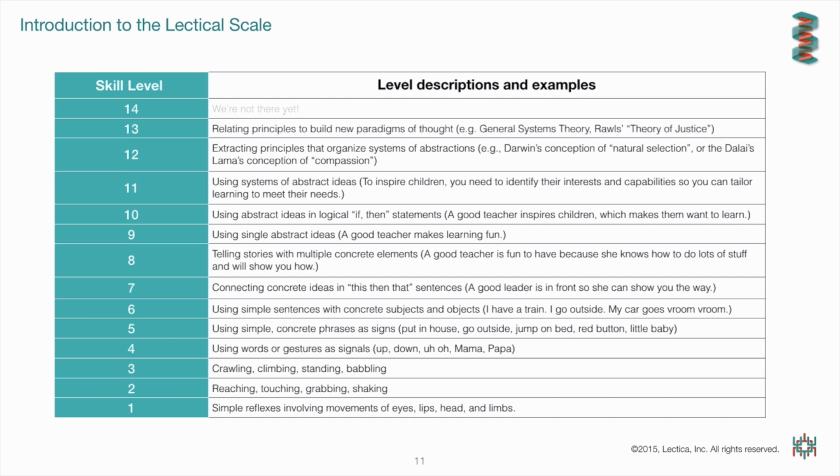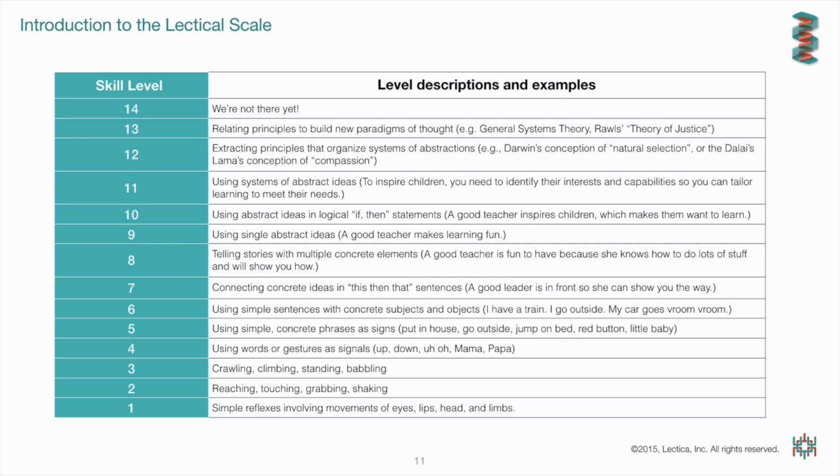At level 13, even fewer adults relate principles to build new paradigms of thought, such as general systems theory or Rawls's theory of justice. And at level 14, we simply don't understand because we're just not there yet.